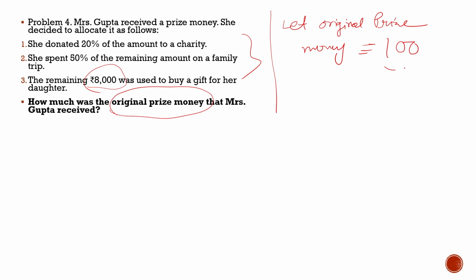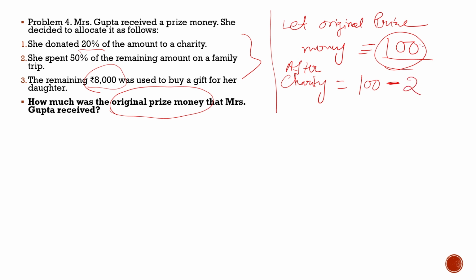Now out of this 100, she has spent 20%. Since we have already assumed 100, 20% means out of 100. So we can directly say that she donated 20 out of this 100 for charity. So after charity, how much is she left with? 100 was her initial prize money and 20% of 100 means 20 in absolute value.